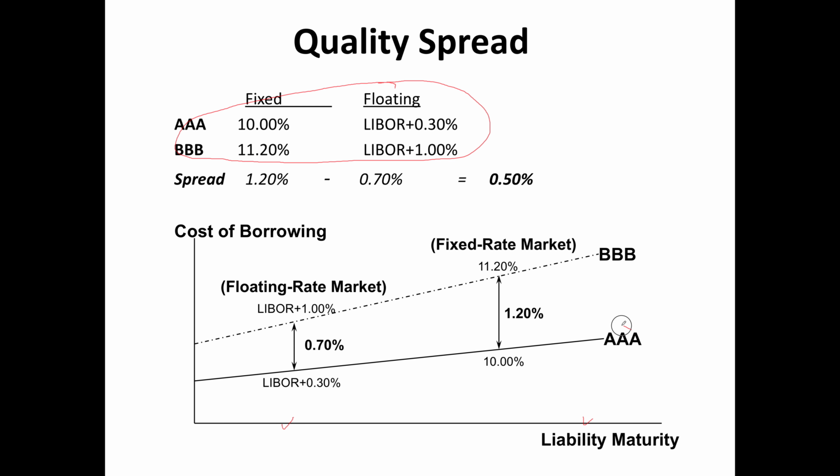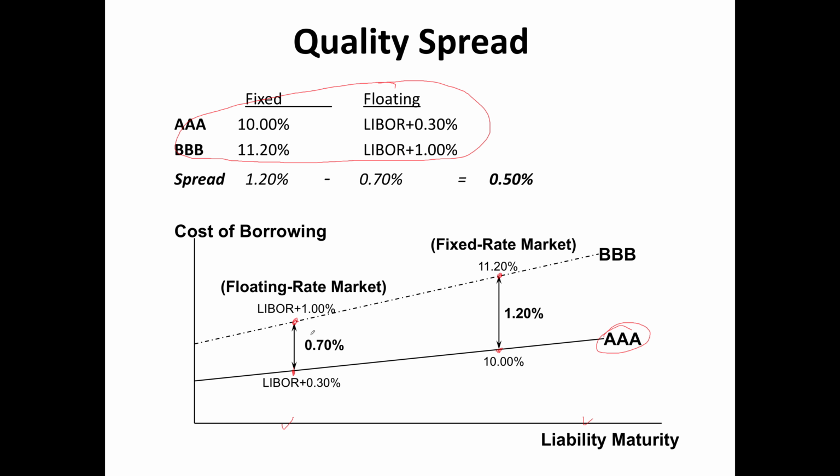For AAA, which has a high credit rating and so low cost, the short-term rate is LIBOR plus 30 basis points. For a 30-year long-term loan, it is 10%. For BBB, it is LIBOR plus 100 basis points. For a long-term loan, it is 11.20.